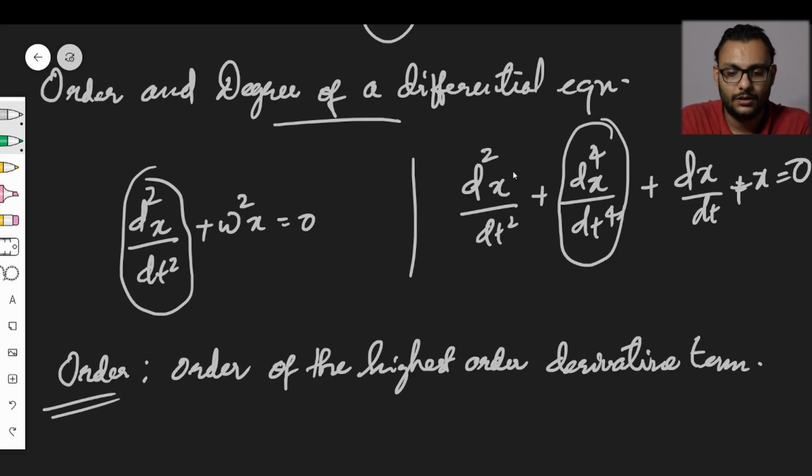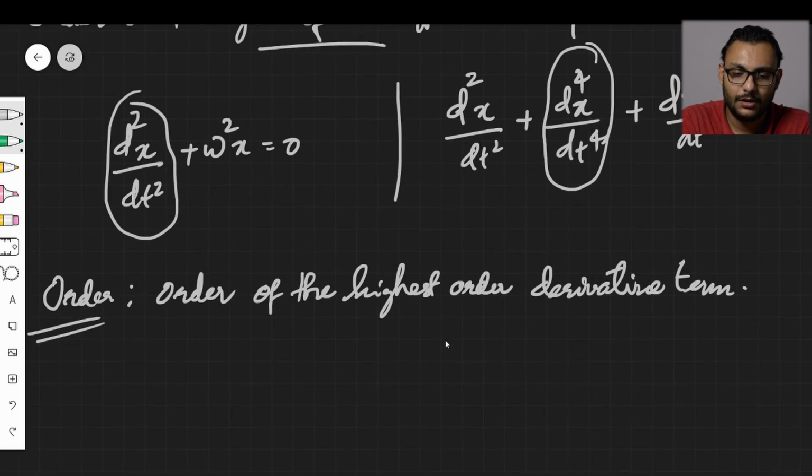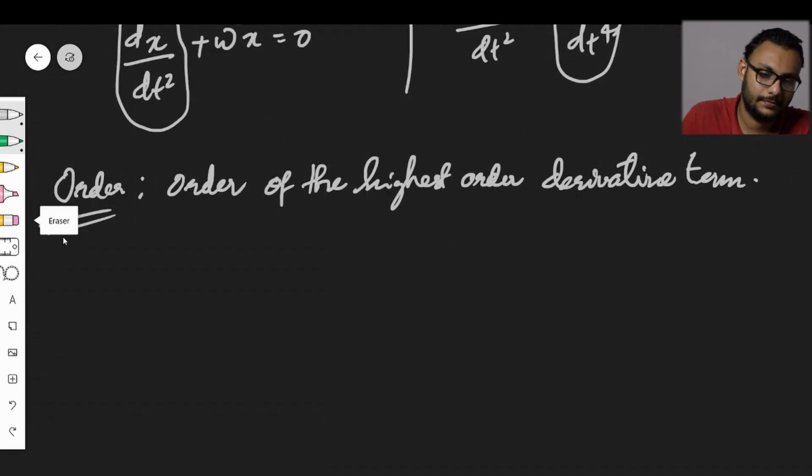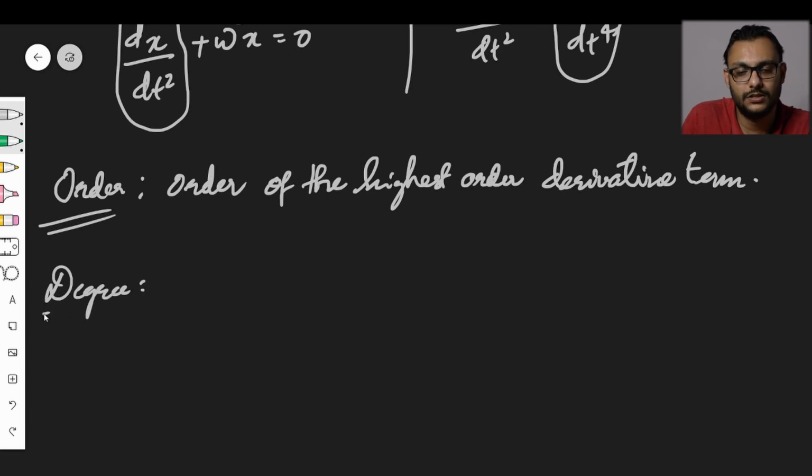I think you all get the idea. Now let us move on to degree. You may be confused with these two terms, but remember, order always stands for the highest order derivative term in the differential equation. The order of the highest order derivative term is the order of the differential equation itself.